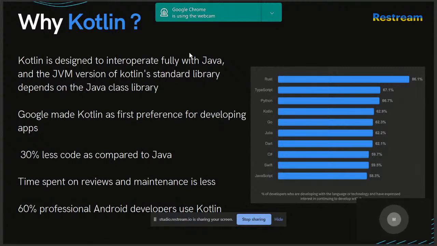So Kotlin provides nearly 30% less code when compared to Java. So this is also a great merit of Kotlin. Any programming language with less code and fewer bugs will be more acceptable in society, right? And that's why nearly 60% of developers opt for Kotlin for developing their own Android apps.